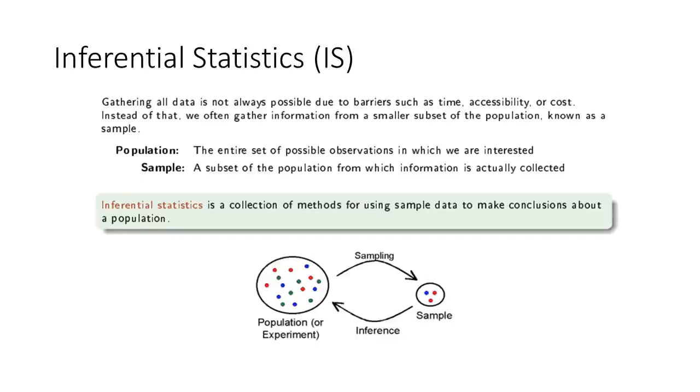Because data gathering is not always possible considering barriers such as time, accessibility, or cost. So, what we do is just gather information from a smaller subset to reflect the population. And this is known as the sample, which was defined just earlier.